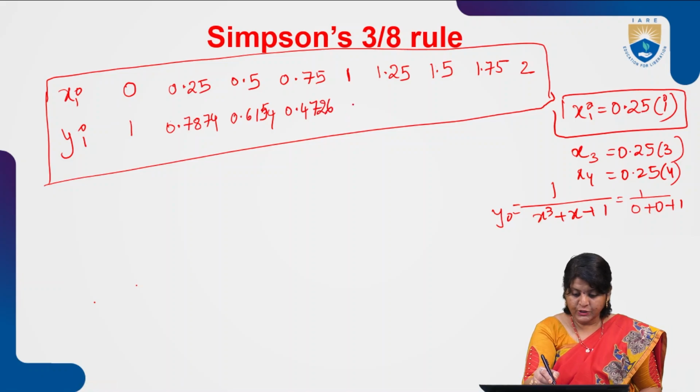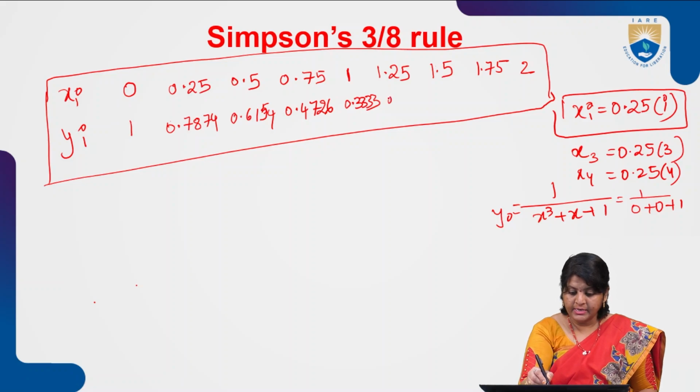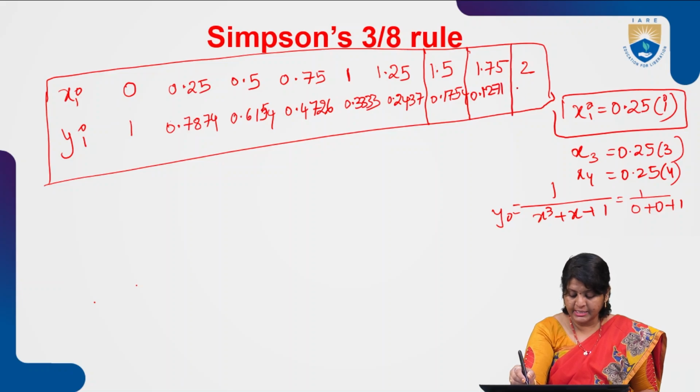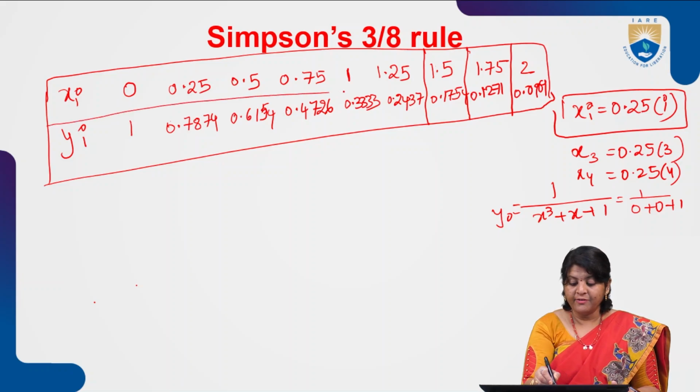Next for x4, that is for value 1, you will get 0.3333. For x5, you will get 0.2437. When 1.5, this is 0.1754. And 1.75, 0.1271. And when x is equal to 2, it is 0.0909. In this way, you will find out the yi values.